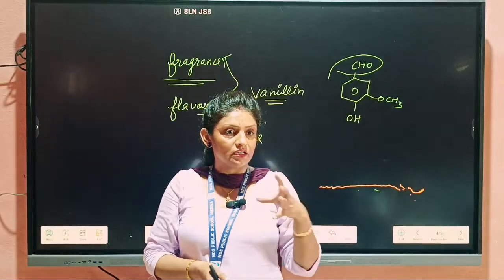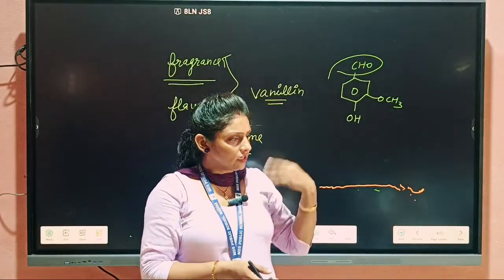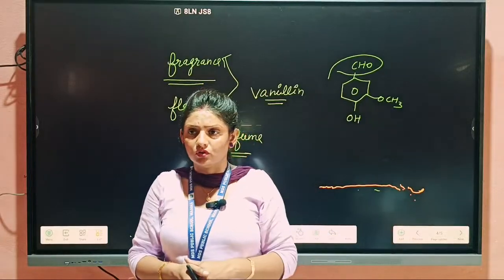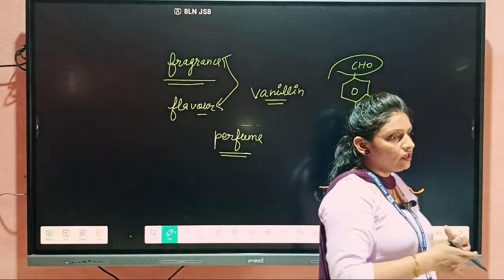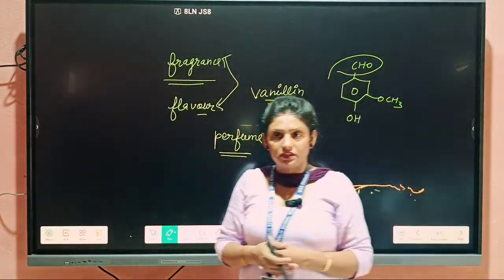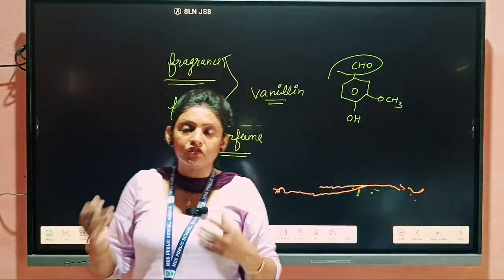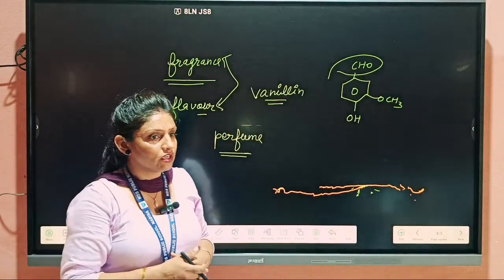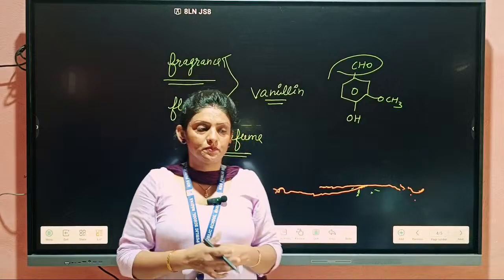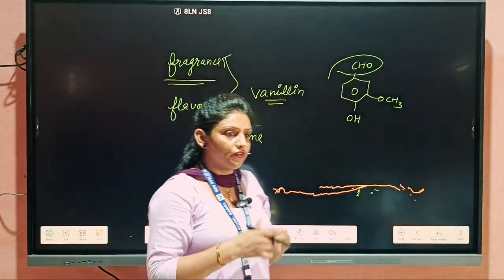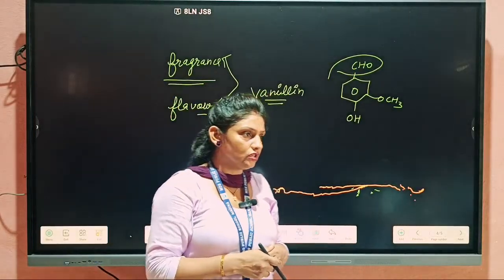Due to its fragrance. And some other fruits also. So in some fruits fructose is present. Fructose is also known as the fruit sugar. And in fructose, which functional group is present? Ketone is present in case of fructose. Clear to you or not?